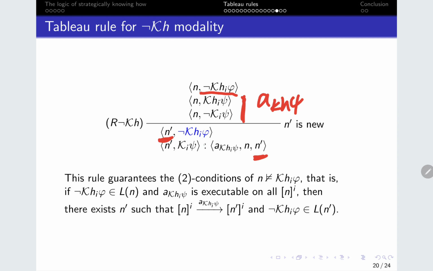Also, because N prime is the successor of N reached by this action, to guarantee the know-how psi will not be broken, we also need psi to be true on the successor N prime.